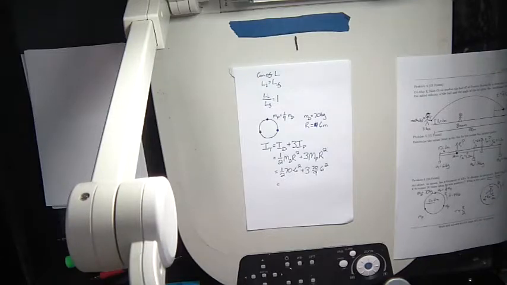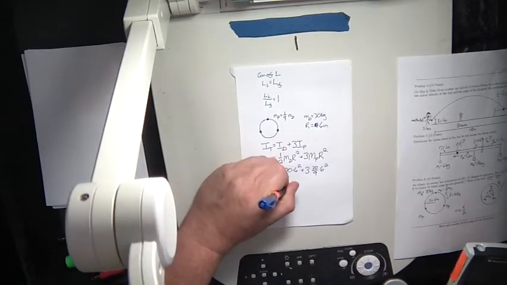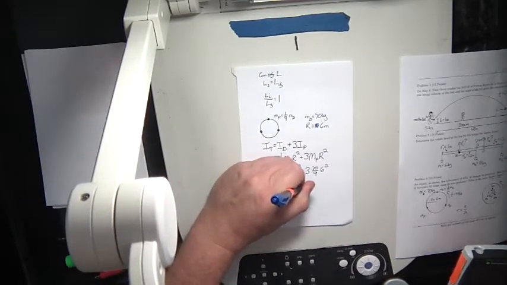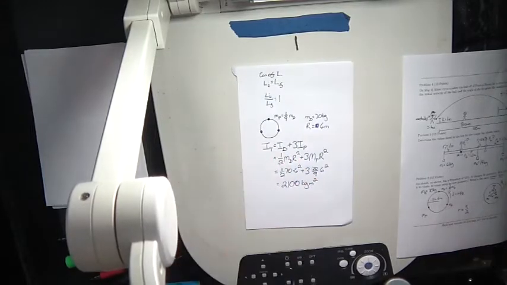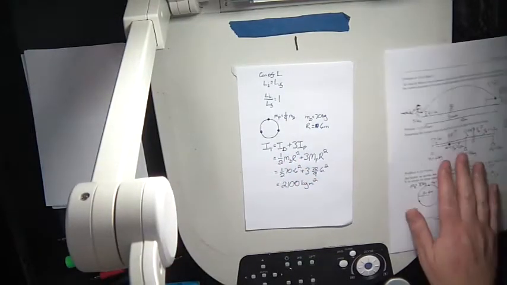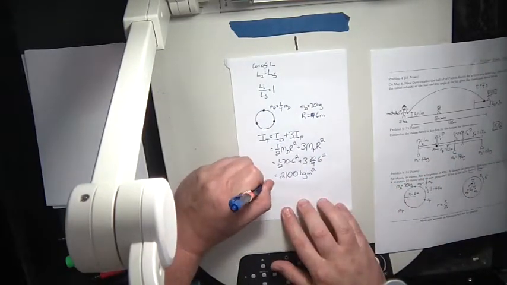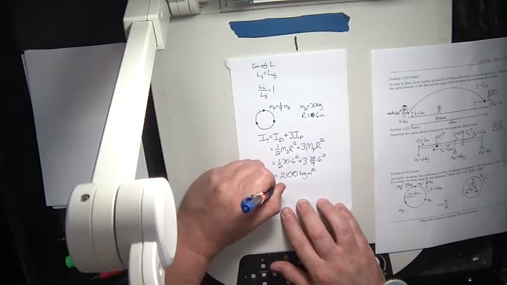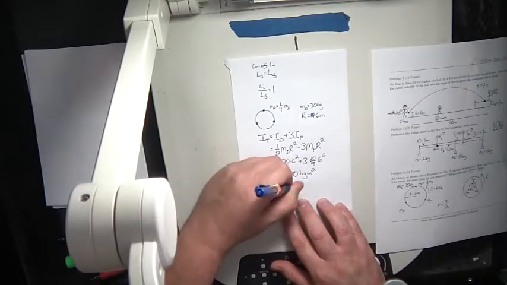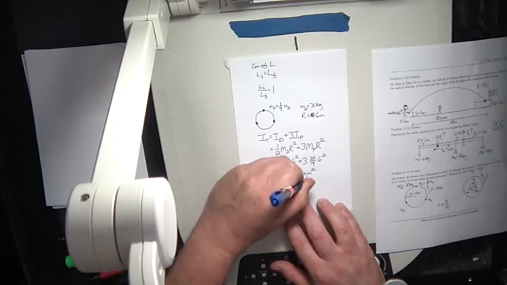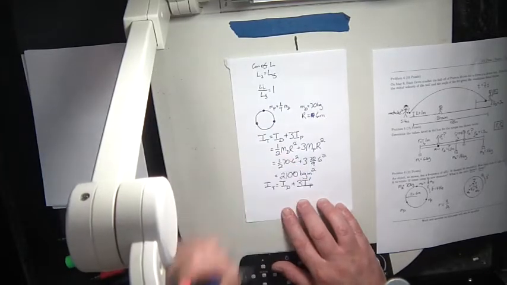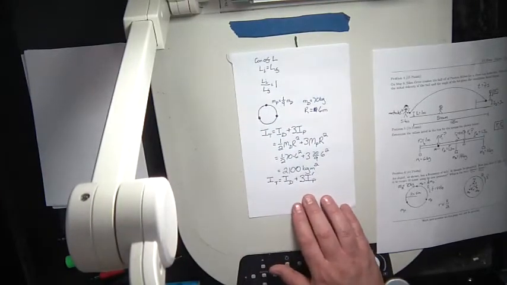Ooh, wait, hold on. So 2,100 kilograms meters squared is the initial moment of inertia. In the final moment of inertia, the radii change. The disk is still the same, but the point particles have a new moment of inertia.